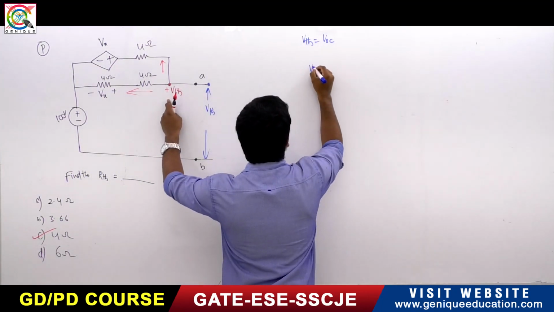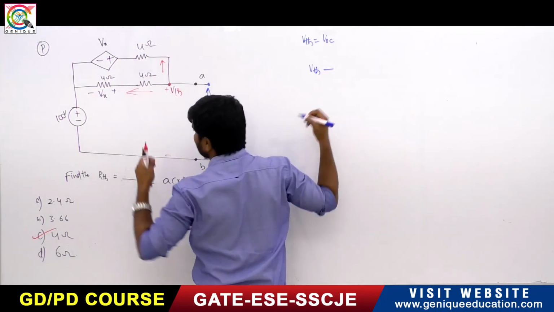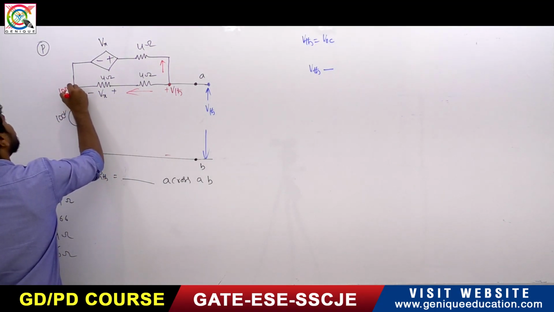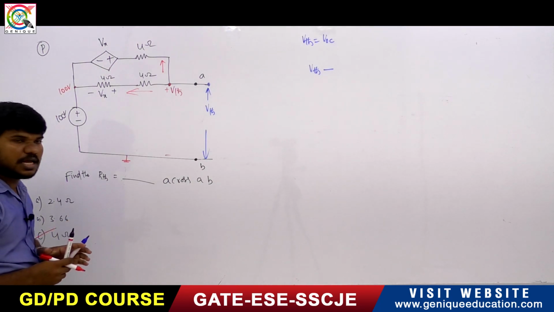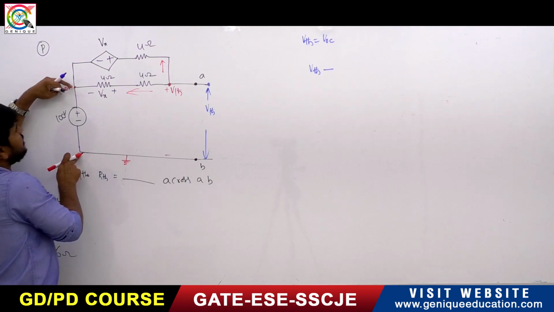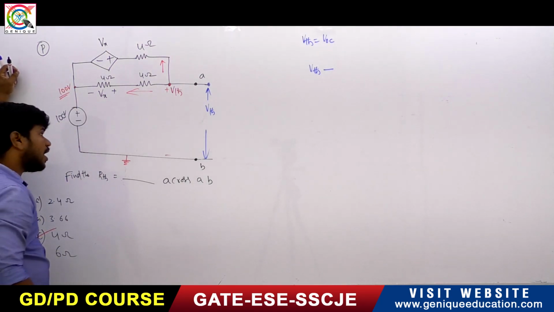So VTH minus, I am writing this. What is the voltage here? The voltage here is 100 volts, because if I assume the ground here, always mark the ground, the voltage between these two points is 100 volts. Right or not?